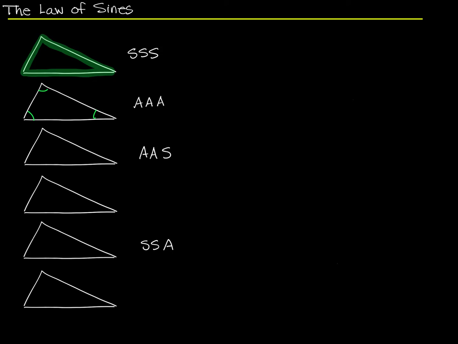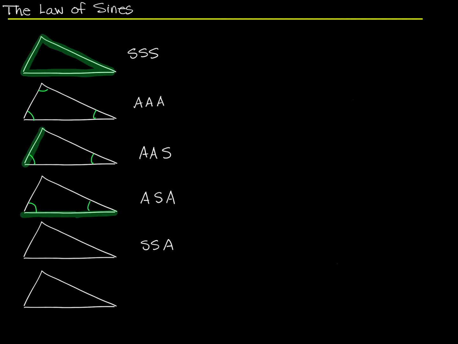Now you can either know two angles and a side, or you can know two angles and the side in between them. And by that, I mean this. What if you knew two angles and the included side, the side between the two angles? What if you knew two angles and the side, or one of the sides, not included between those two angles?